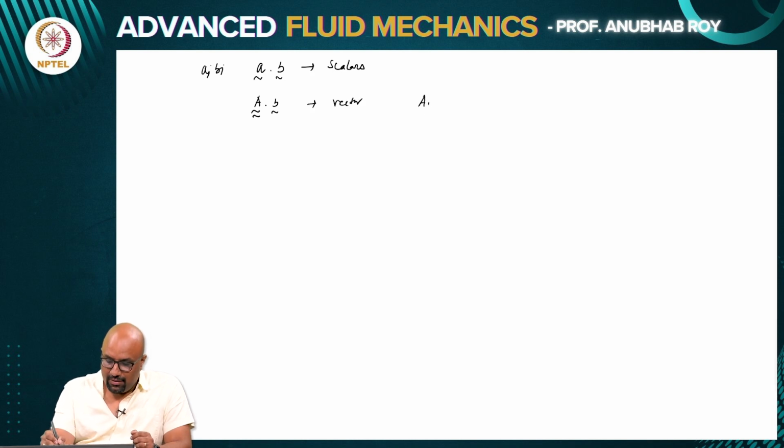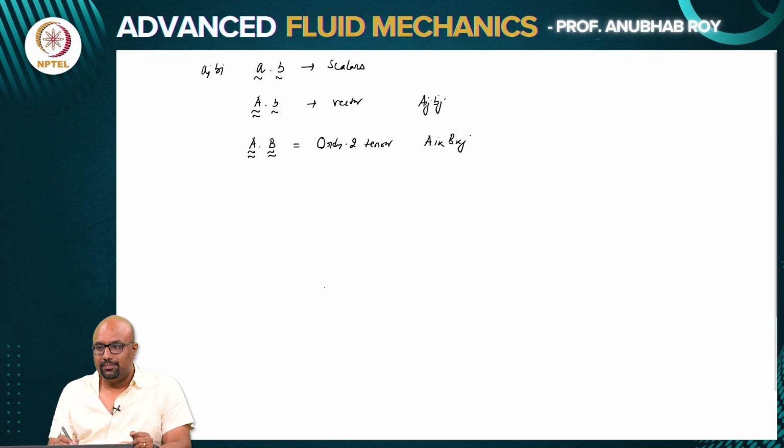So, I will have aij bj, it eventually ends up being a vector. You can take a dot product of an order 2 tensor with another order 2 tensor, and this gives me another order 2 tensor. So, this would be aik bkj. This is your classic matrix multiplication.